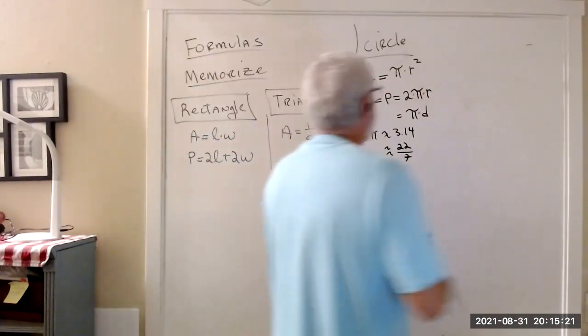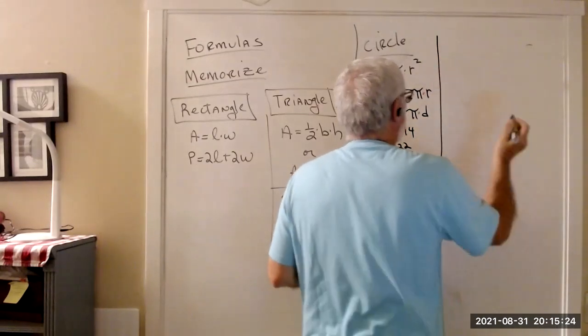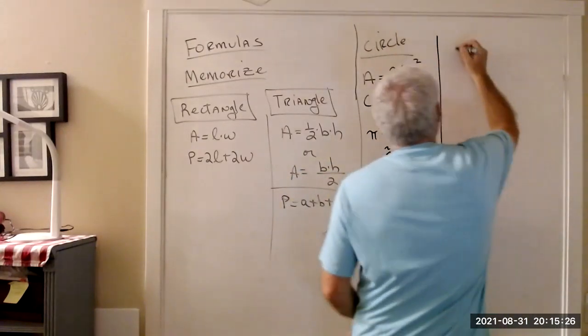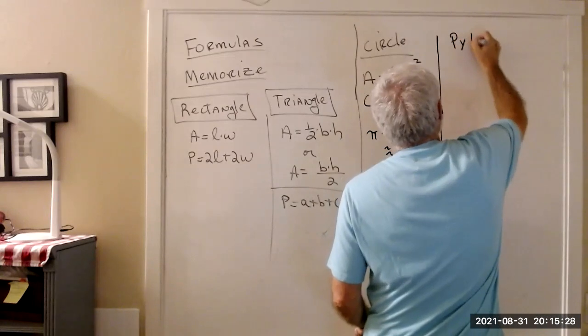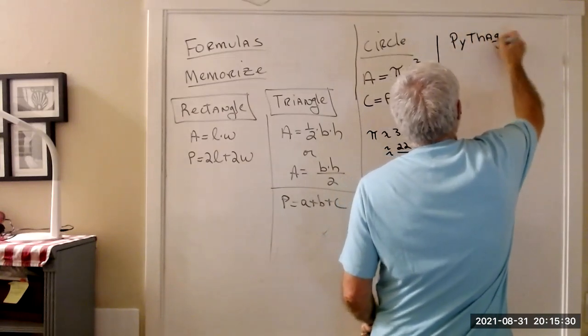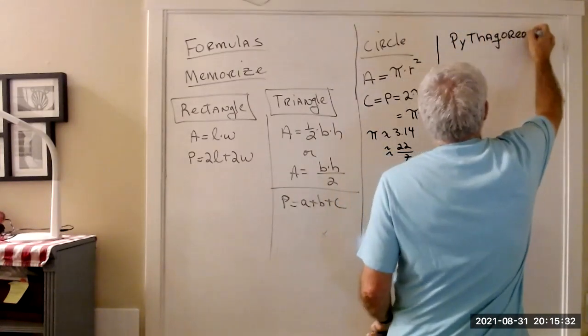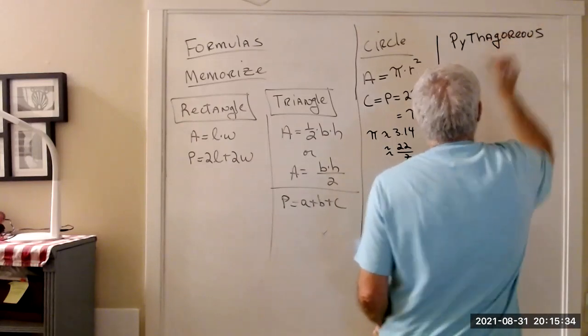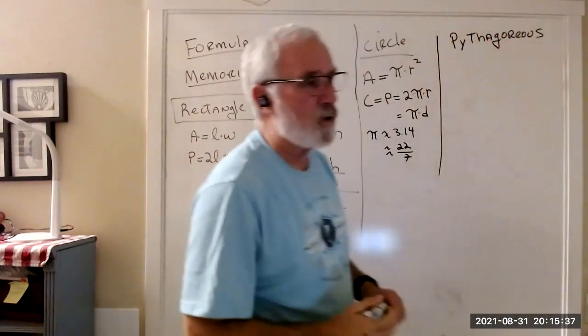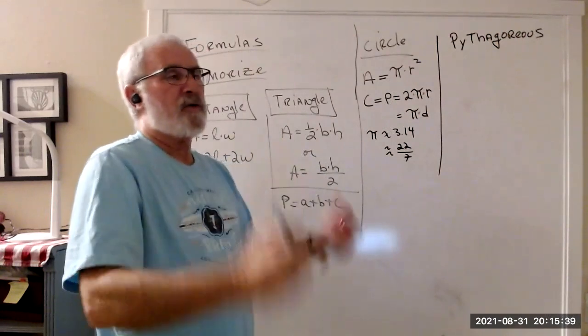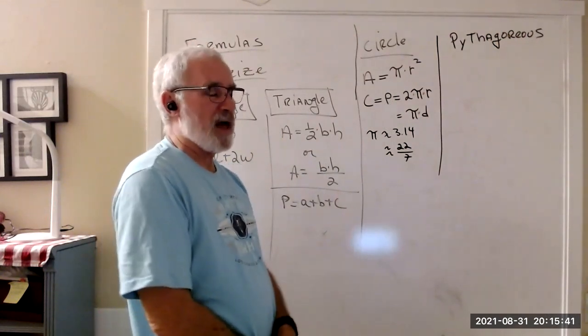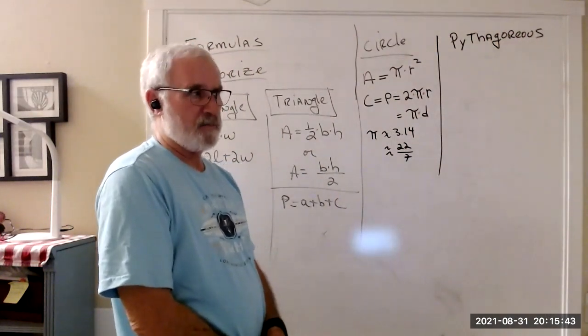Okay, the last formulas you need to know, and we're going to go over a lot of these, is Pythagoras. Pythagoras, or it's called the Pythagorean formula, or if you had high school geometry, it was called the Pythagorean theorem.